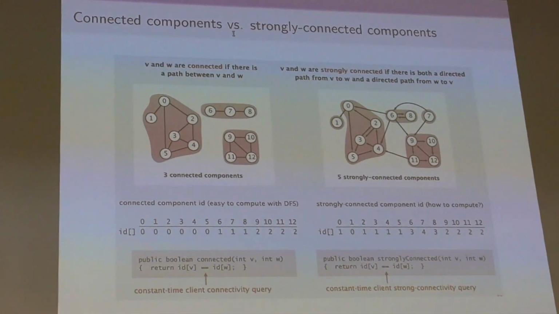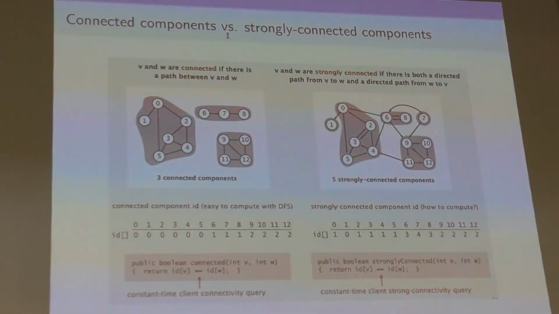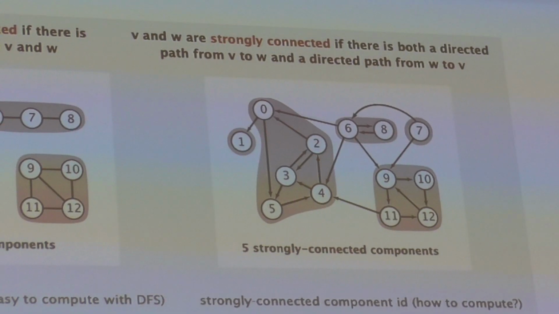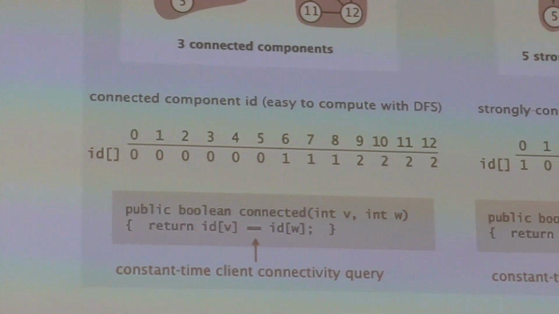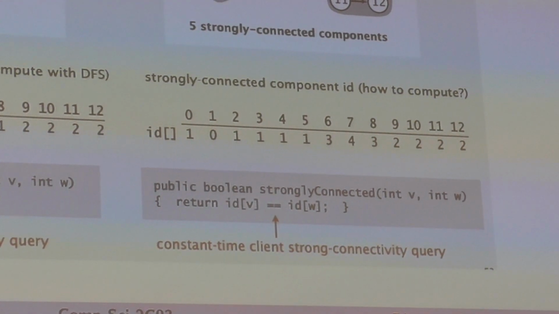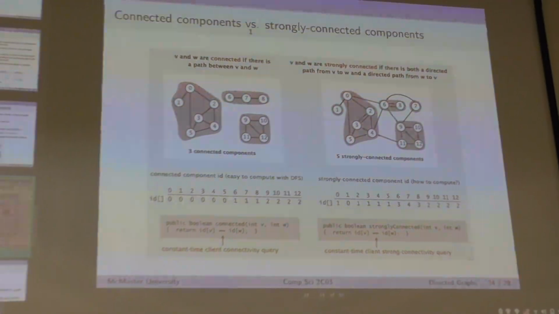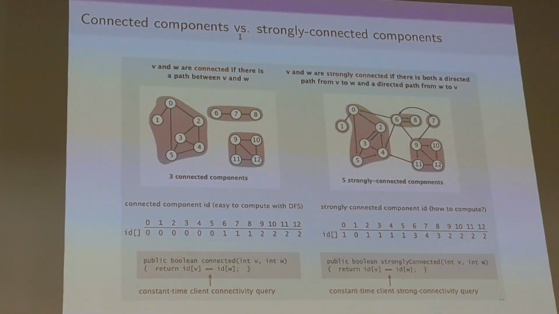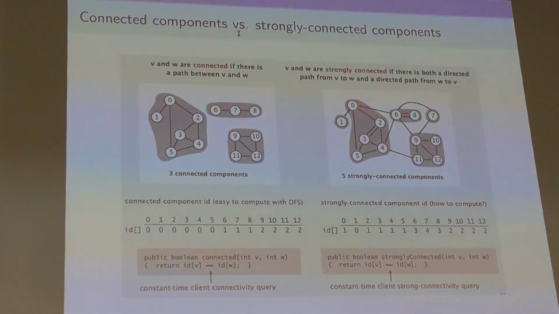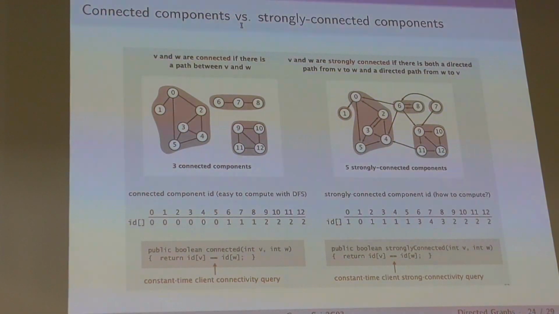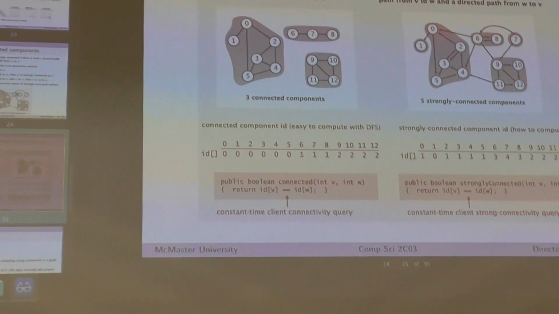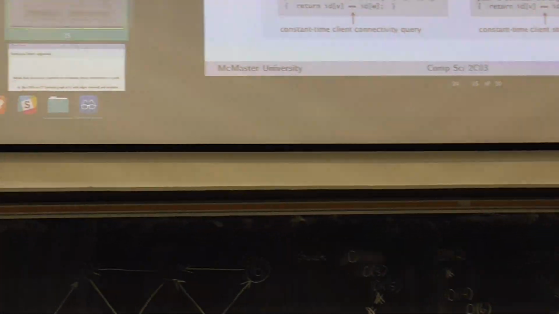I hope everybody could have gotten this without a slide on it, but there is a difference between strongly connected components and connected components. A connected component is simply whether there are edges between the elements of this grouping of nodes.